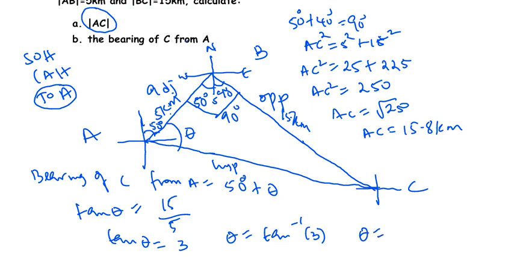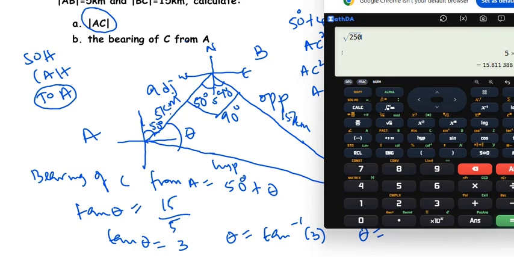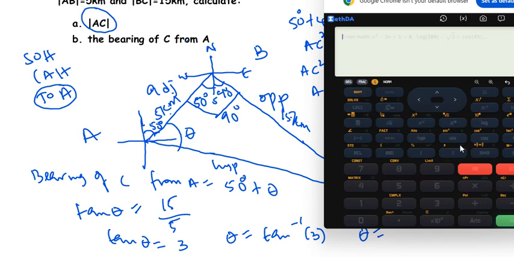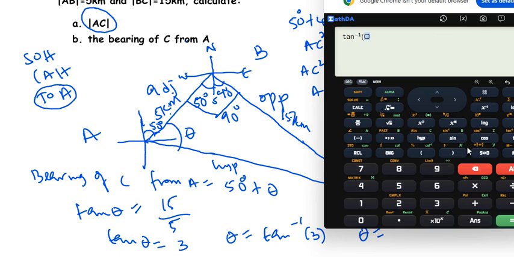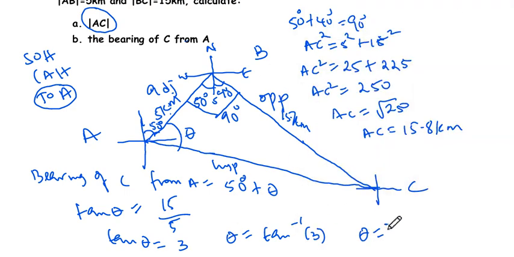Theta is equal to shift tan 3. That's 71.57 degrees.